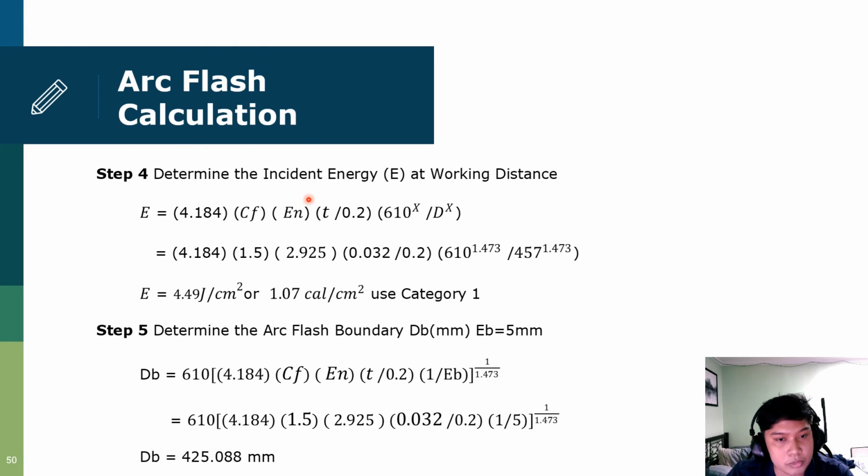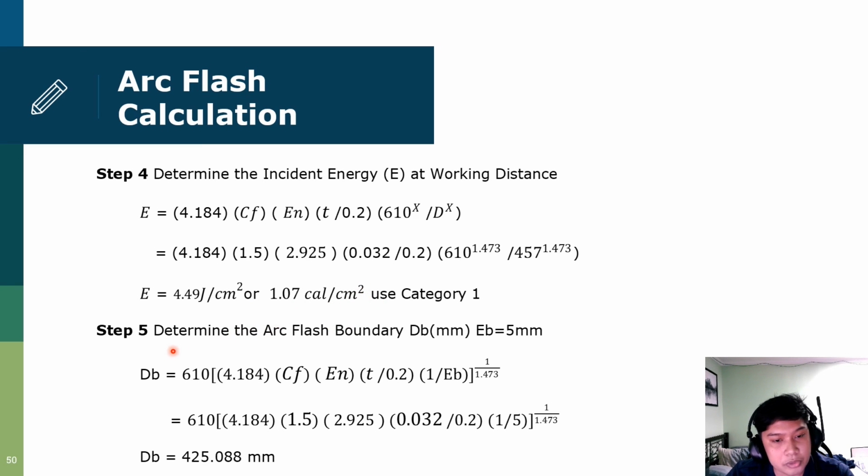In step 4, we determine the incident energy E at working distance. So this is the formula. Substituting the variables again, we got 4.49 joule per square centimeter, or 1.07 calorie per square centimeter.